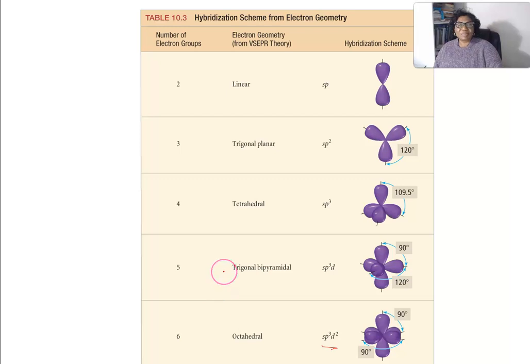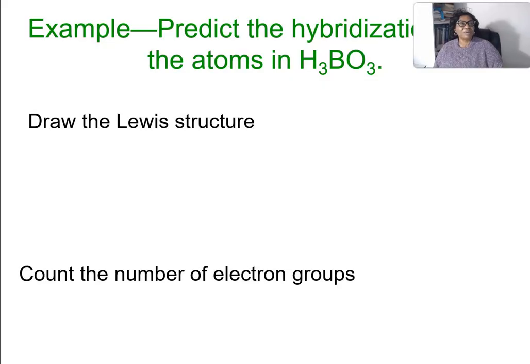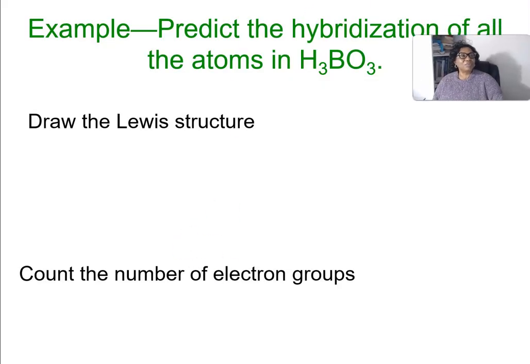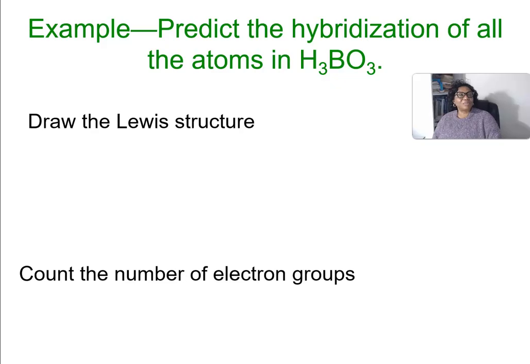So let's try and predict the hybridization of H3BO3. Predict the hybridization of all the atoms in H3BO3. What we need to do is draw the Lewis structure.